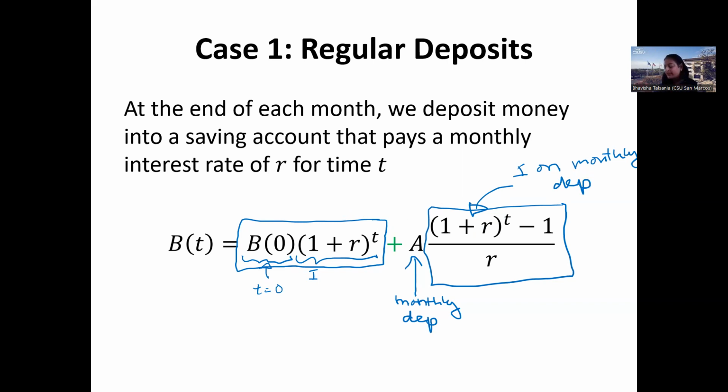So month 1, you put in a deposit. Well, it has 59 months that it's going to accrue interest. Month 2, you put in a deposit of $100. It has 58 months that it's going to accrue interest. Month 3, you put in a deposit of $100.